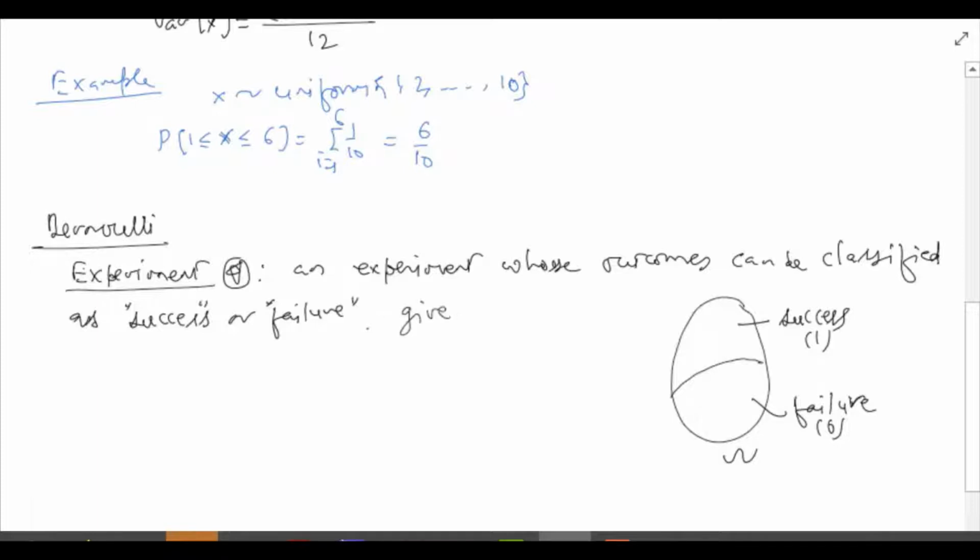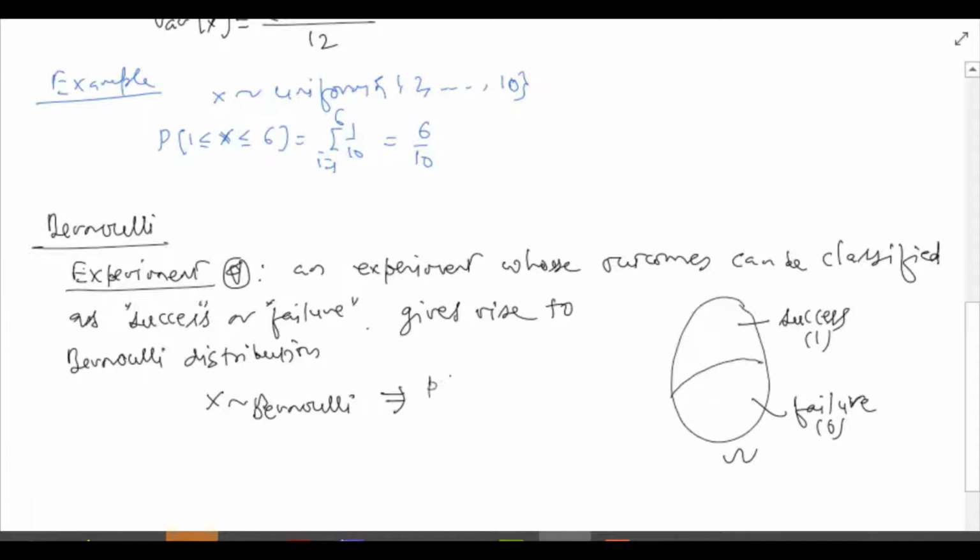So this gives rise to the Bernoulli random variable or Bernoulli distribution. What is Bernoulli distribution? If X is Bernoulli(p), this means the collective probability of all the outcomes that lead to success is p.